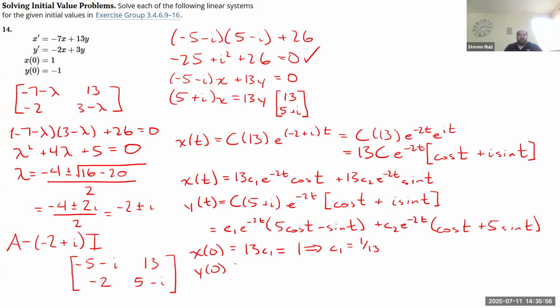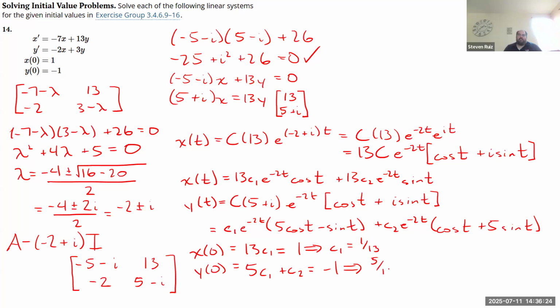What about y naught? y naught is equal to C1 times 5 cosine t. So 5 C1 plus C2 times 1. So 5 C1 plus C2 equals negative 1. But we just found out that C1 is 1/13.